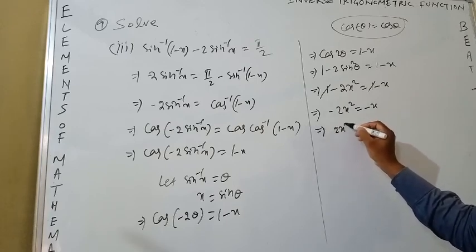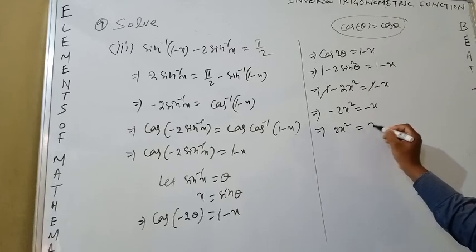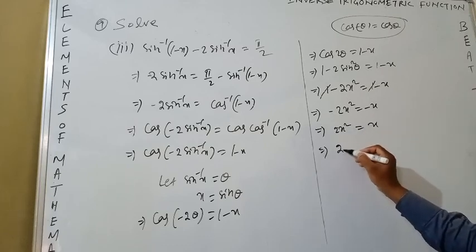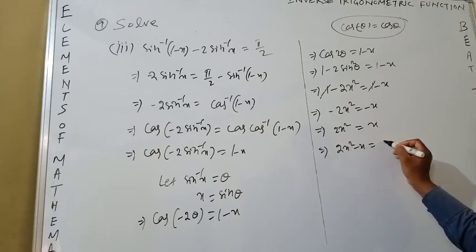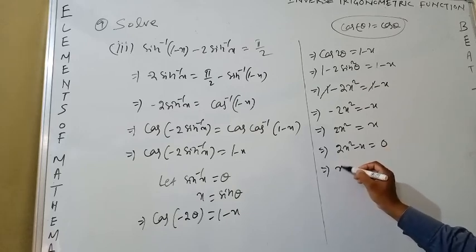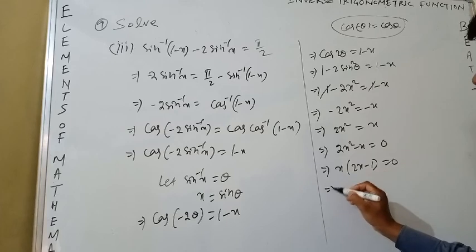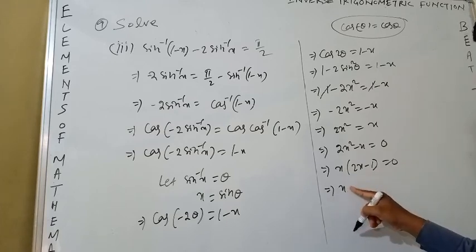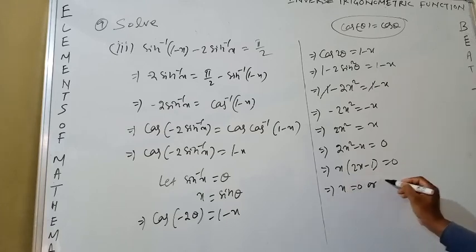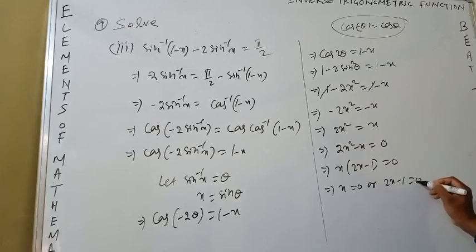That is 2x square is equal to x. 2x square minus x is equal to 0. Taking common x, x into 2x minus 1 is equal to 0. X is equal to 0 or 2x minus 1 is equal to 0.